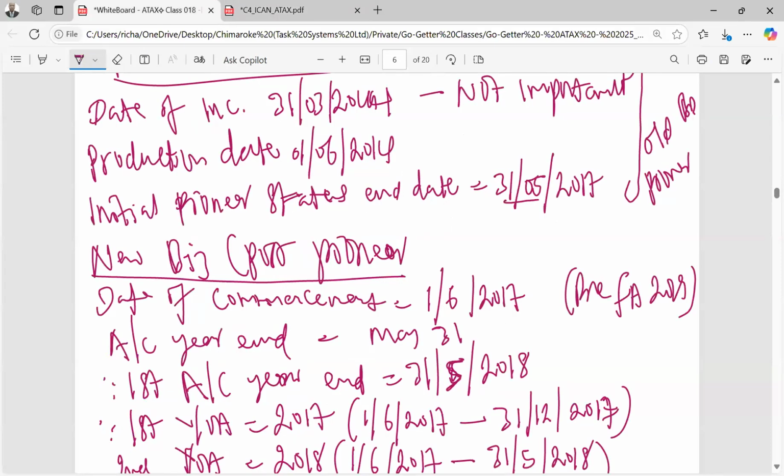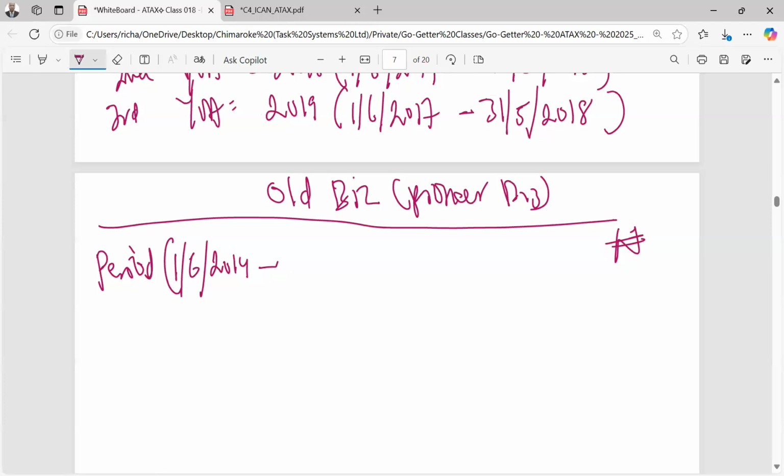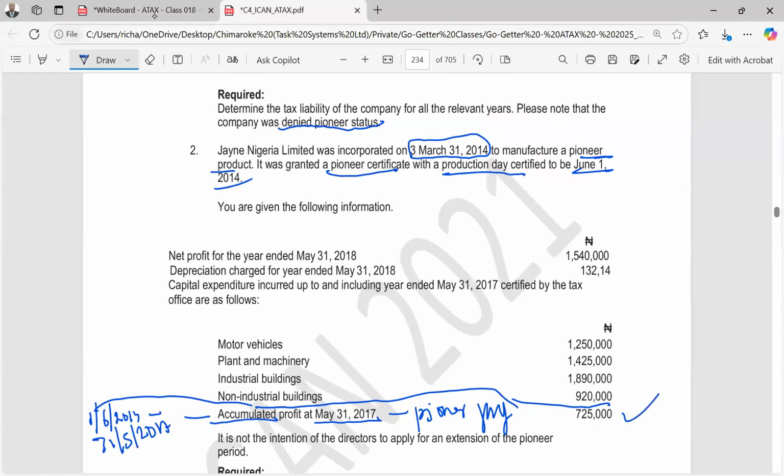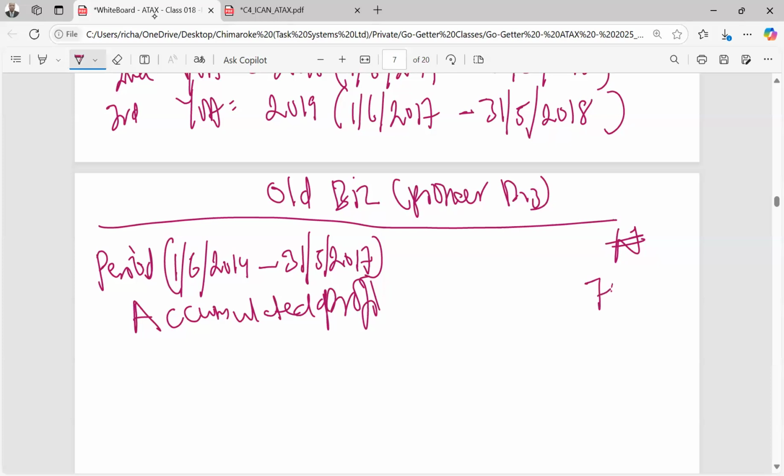So period June 1, 2014 to 31st May 2017. I'll say accumulated profits. Accumulated profits. How much is that? 725,000. This is your profit.